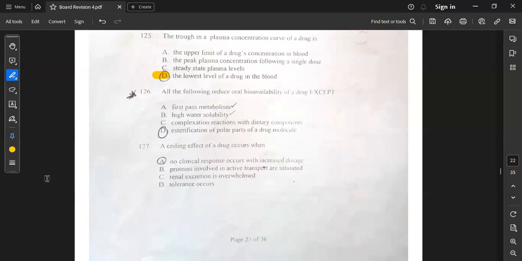So it makes it a bit more lipophilic when you esterify those polar functional groups. So I believe D becomes the opposite of choice B, and D becomes the answer. D for dog. Oh yeah.